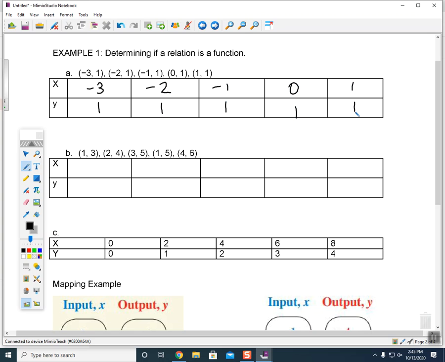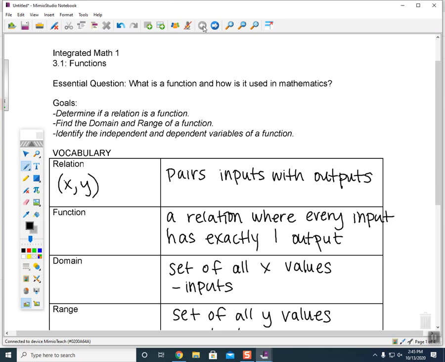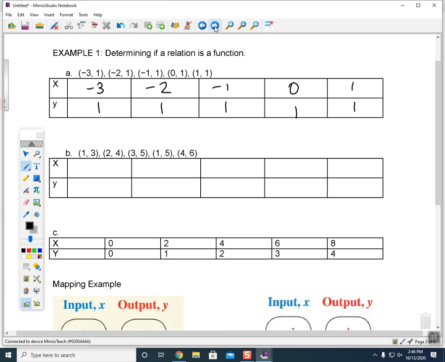So what I'm trying to look for, and remember, the definition of a function is a relation where every input has exactly one output. So as I'm looking at this, my inputs are my X values, my outputs are my Y values. Does every X value just go to one Y value? Yeah, it does. They all go to the same one, but that doesn't matter. They're all just going to one value. Yes, this is a function.